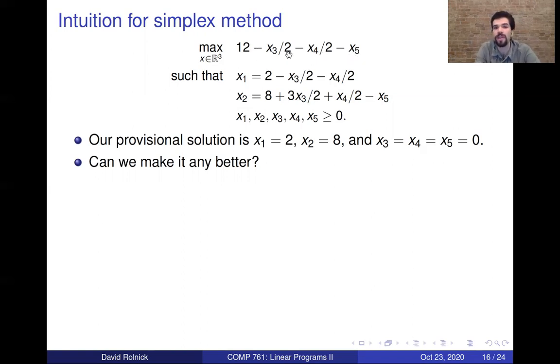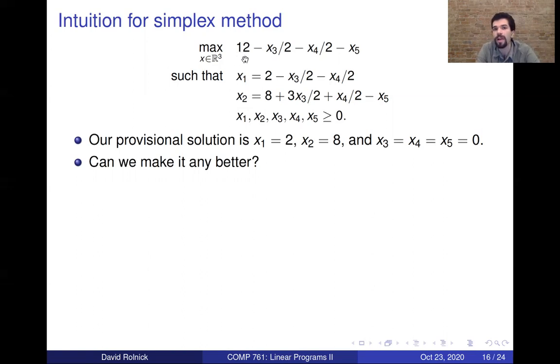The coefficients here are all negative, which means that any solution here has to be less than or equal to 12. And that's a proof, right? We basically proved it. The max has to be 12 because you can never do any better than 12.